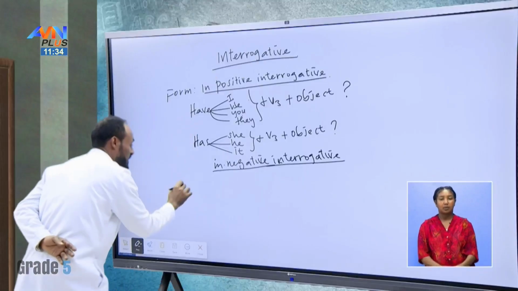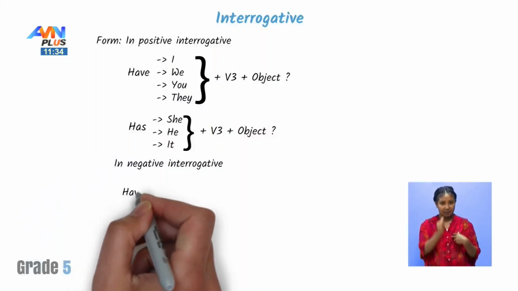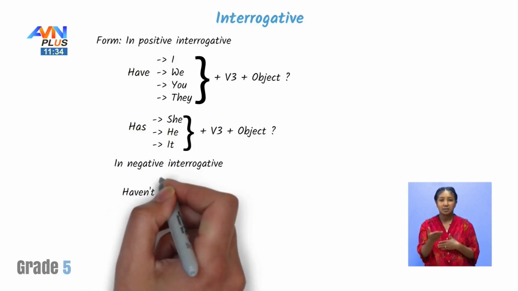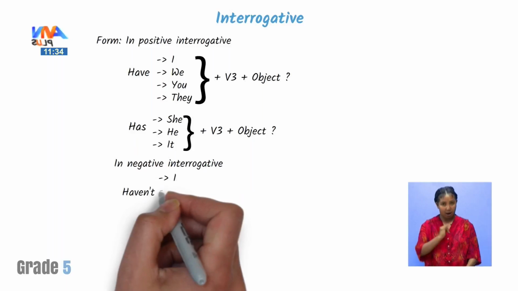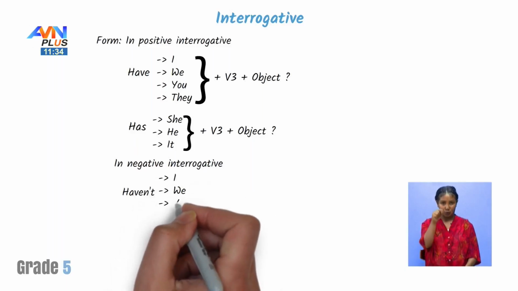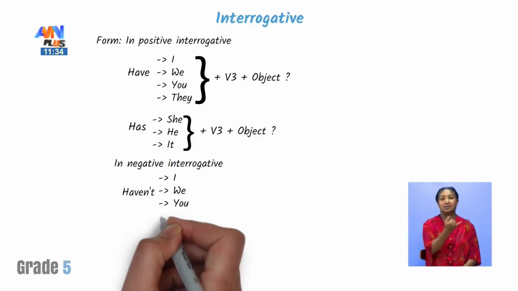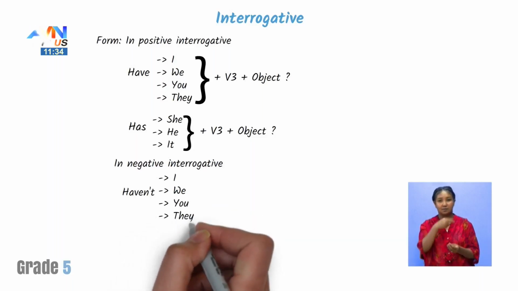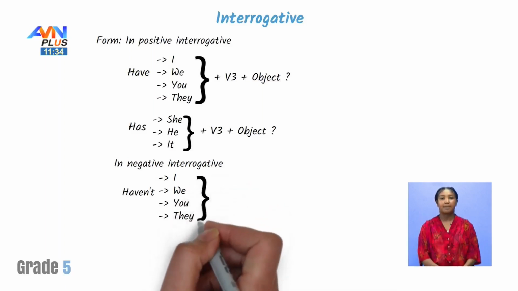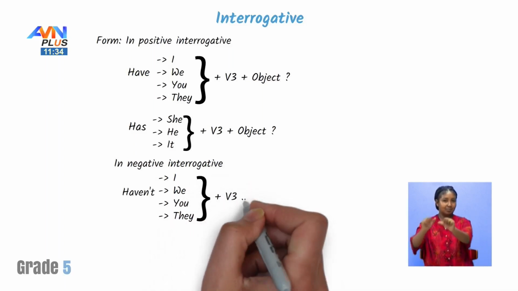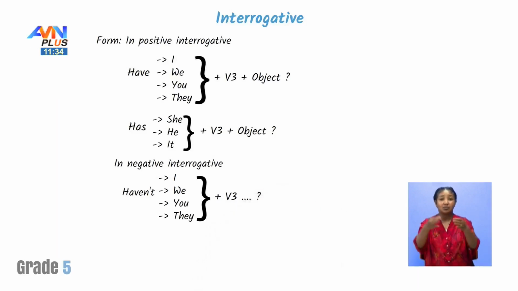So here, haven't, then I, we, you and they plus verb 3. Haven't I? Then you can add verb 3 here. At the end of the sentence, there should be a question mark.